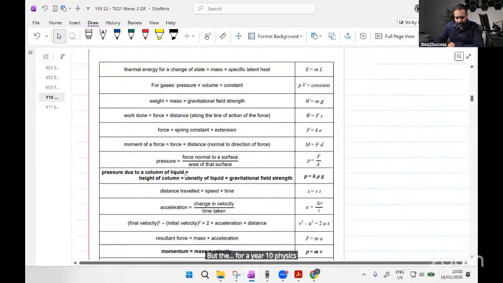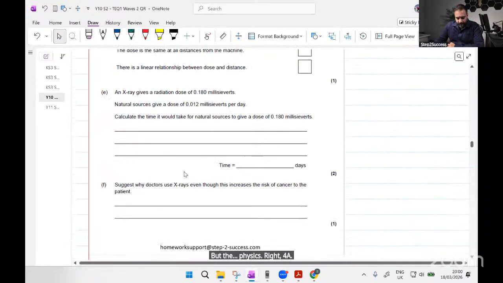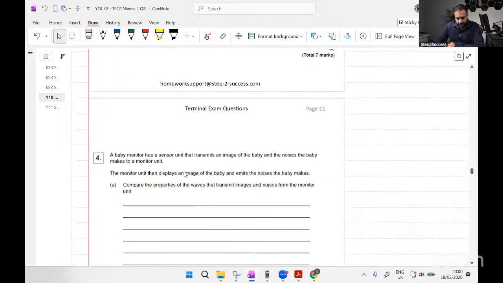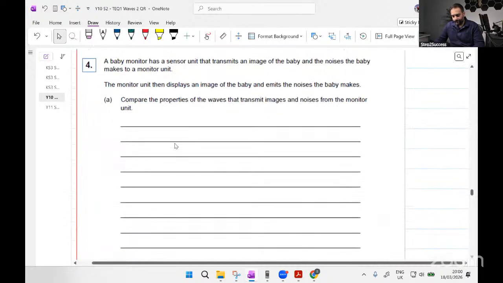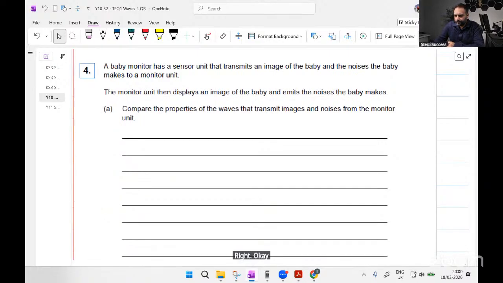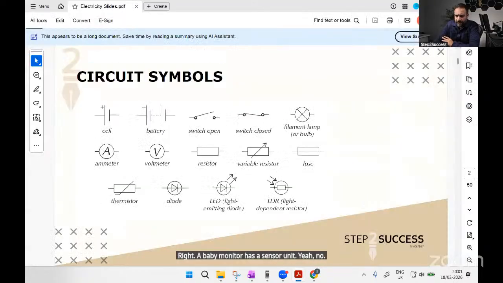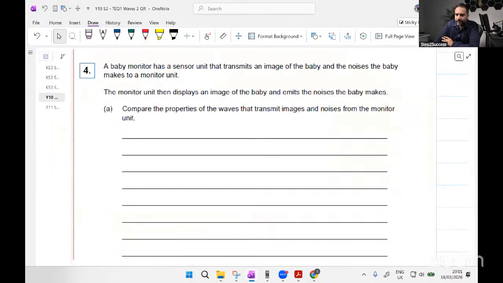Right, 4A. A baby monitor has a sensor unit that transmits an image of the baby and the noises the baby makes to a monitor unit.